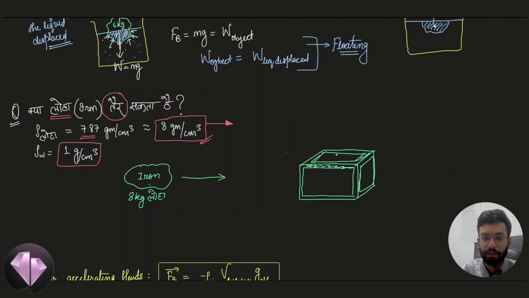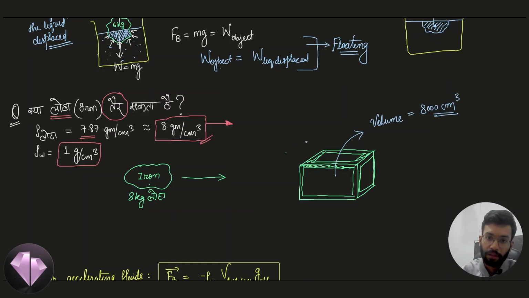This is iron, this is iron, and inside it is hollow, there is nothing inside, in such a way that the volume of the cuboid is exactly equal to 8000 centimeters cube. Why am I saying that?